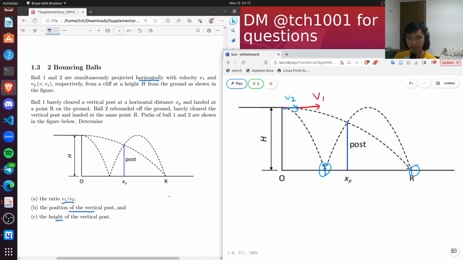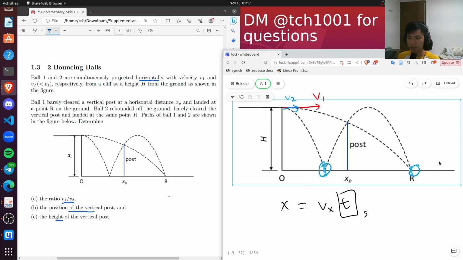Then the ratio of the horizontal displacements would be the ratio of the velocities, because horizontal displacement equals horizontal velocity times time, and we know the time for both is the same. So we just need to find the ratio of the horizontal displacements.